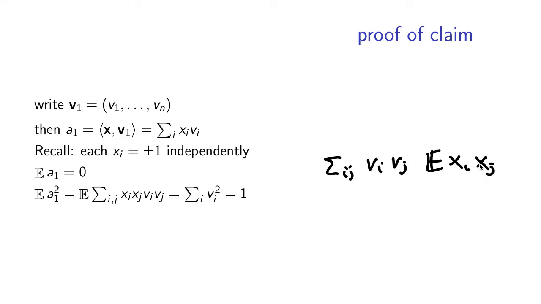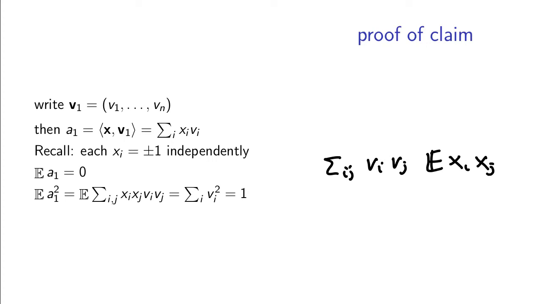Both the expectation of xi and the expectation of xj are equal to 0, so the product is equal to 0. But when i is equal to j, then here we have the expectation of xi squared, and whether xi is plus 1 or minus 1, xi squared is always equal to 1. So when i is equal to j, this will be vi squared times 1. So the whole expression is just the summation over i of vi squared, which is the square of the length of v1.